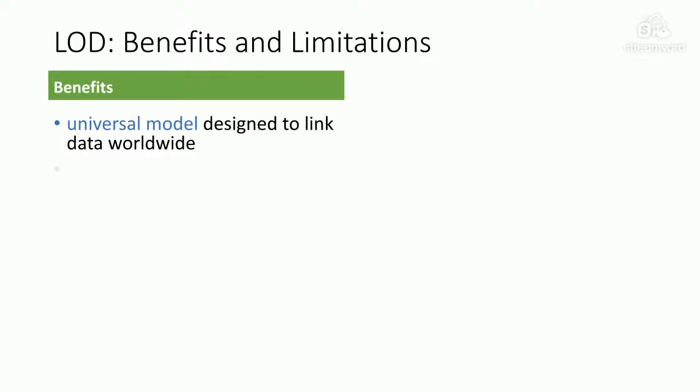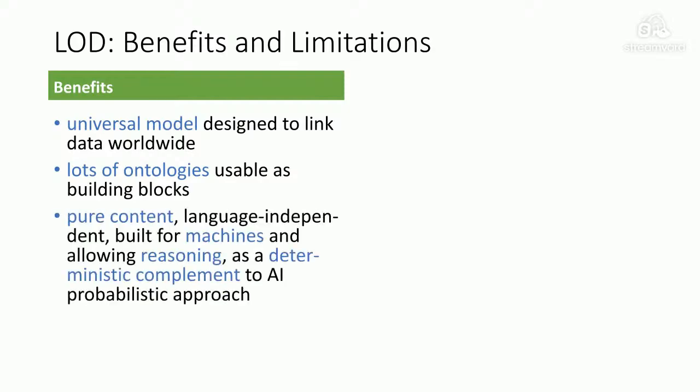There are a lot of well-established ontologies you can use as building blocks, and the model focuses on pure content, language independent, and built for machines. It also allows machines to reason with a deterministic foundation, like in the case of Socrates and his mortality. So it's a complement to the probabilistic approach of AI. And also it's based on existing web technologies.